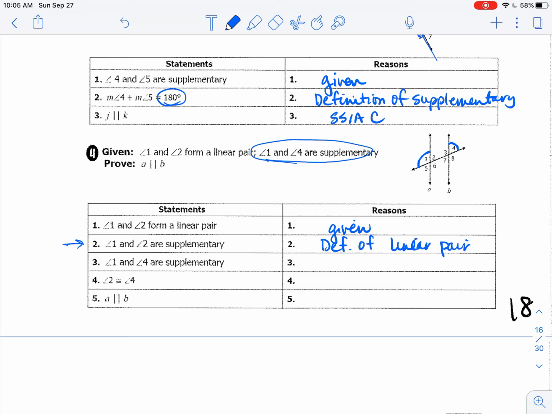Let me stop myself there. Okay, I was looking at this next statement now. 1 and 4 are supplementary. This is given information. So angle 2 is congruent to angle 4. This is what we call the transitive property.